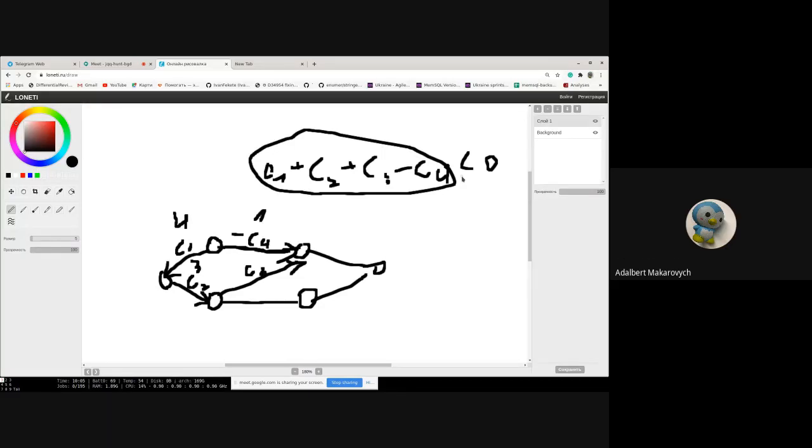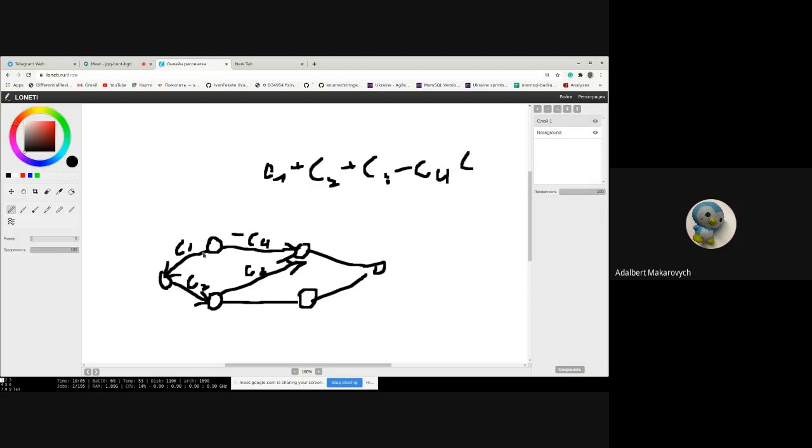So if we have at least one cycle, the sum of the costs of which is negative, then we can make our answer better, because if we pass a flow through this cycle, we don't change the flow in the whole graph, but we make the cost better.